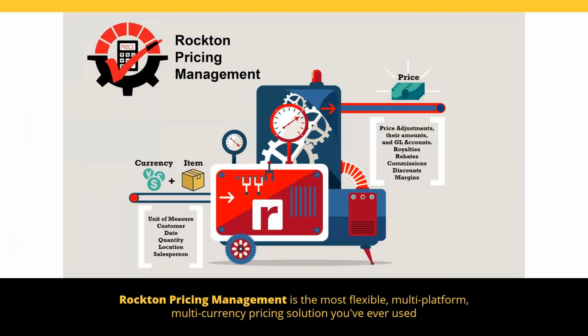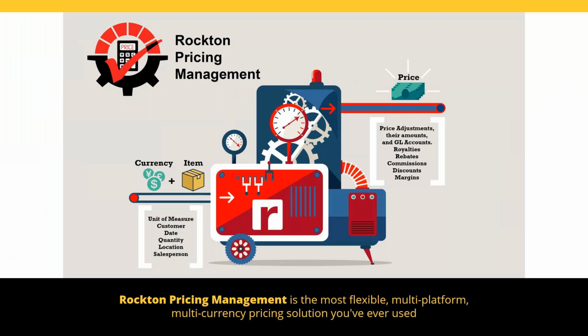Here's a brief overview of how RPM works, over on the left-hand side. You have an input that usually comes from your accounting system: the item and the customer, the currency and the date, some basic information. Then RPM does a bunch of calculations based on the rules that we set up and outputs a price, as you would expect.